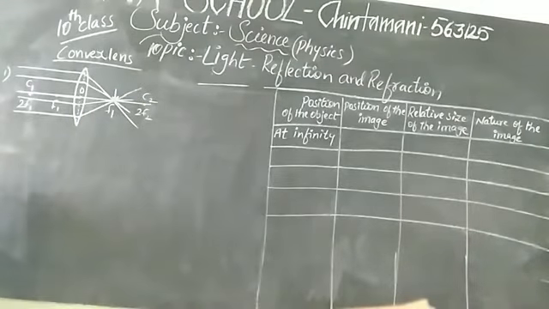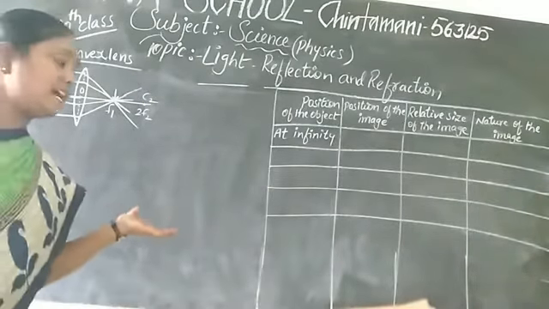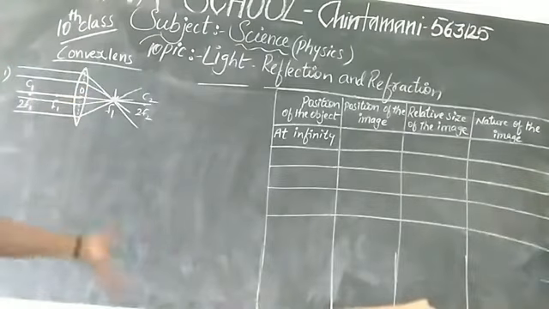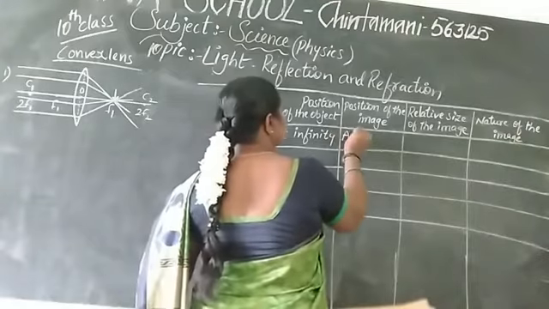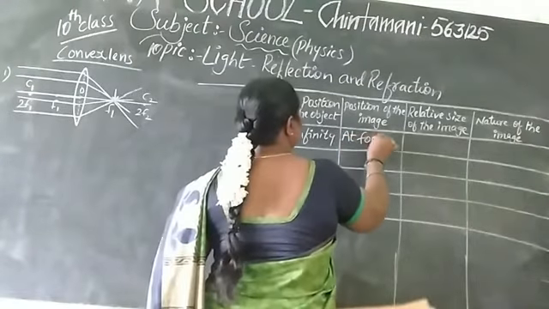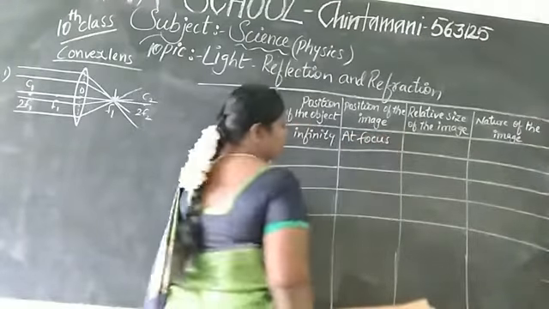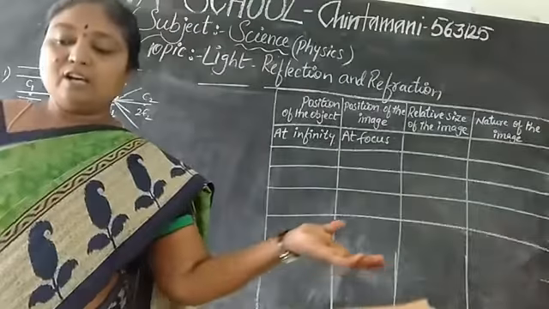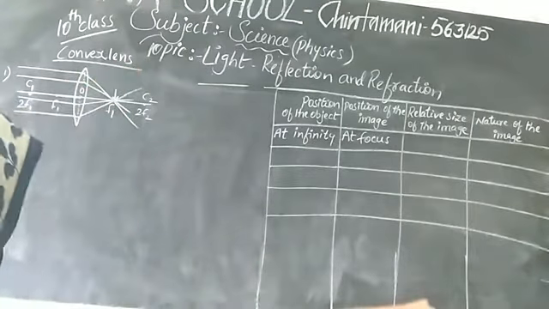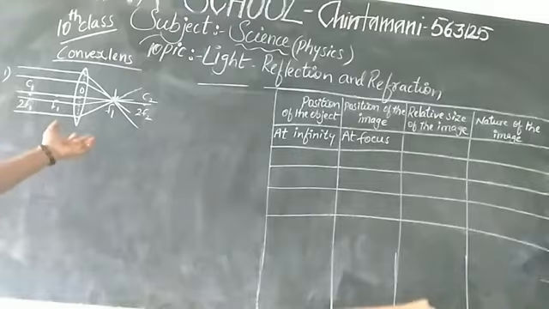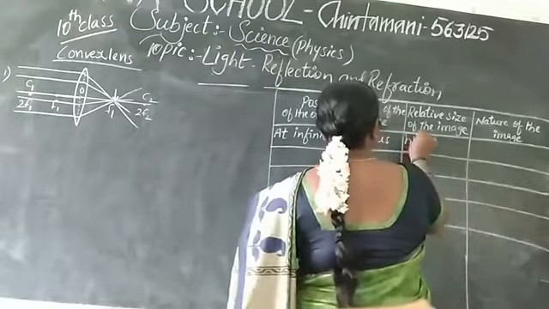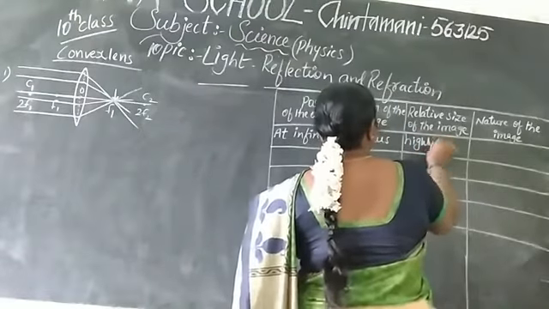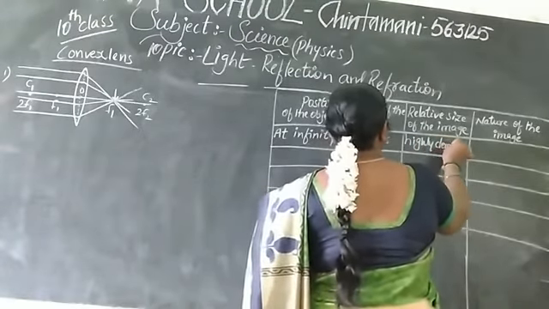Where is it going to form when the object is at infinity? It is exactly at the focus. We have the image at the focus. Then the image, here we can see, is highly diminished.